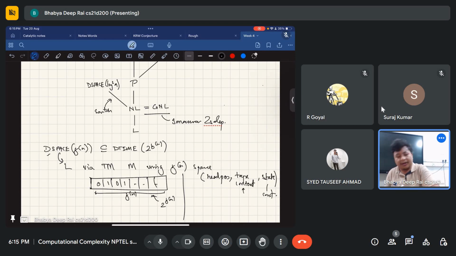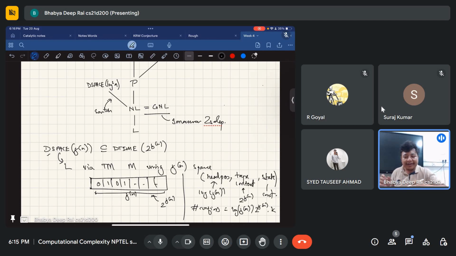The tape content: how many types of tape content can there be? 2 to the f(n) many types, because there are only f(n) many cells, that is, how many strings of length f(n). And the head position takes log of the last cell that you can occupy, f(n). So the number of configurations is log of f(n) times 2 to the f(n) times some constant k, which is order 2 to the f(n).